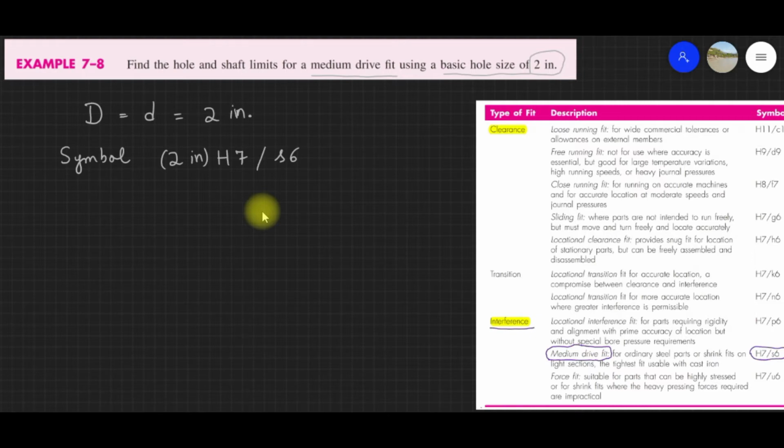So again, we take the convention of hole basis. So we will be finding out the dimensions of the hole first of all, and by convention we will take the minimum diameter of the hole as equal to the basic size, which is 2 inches.